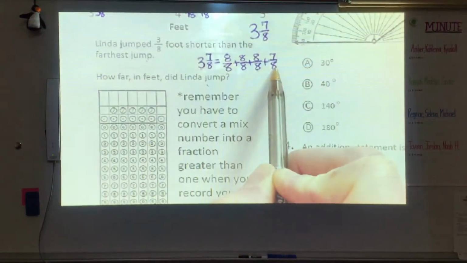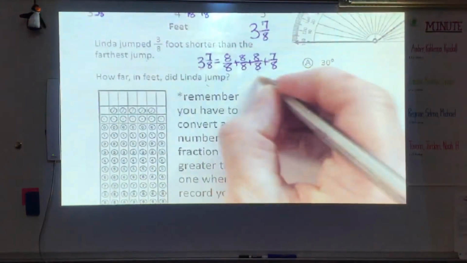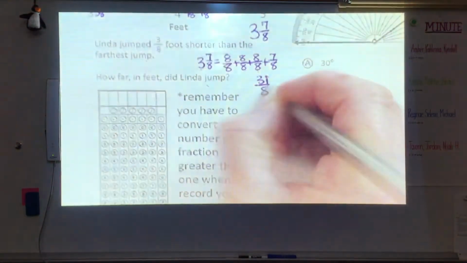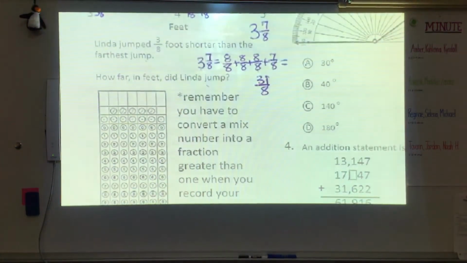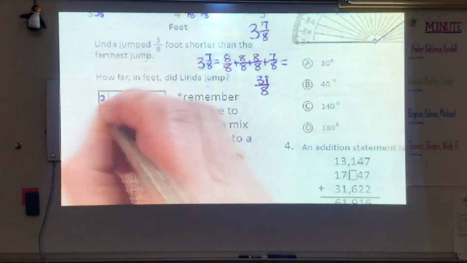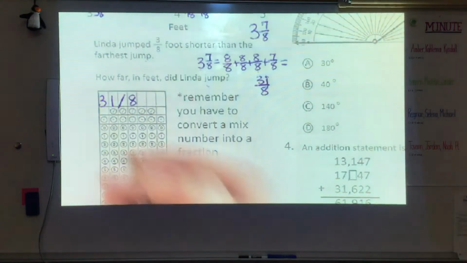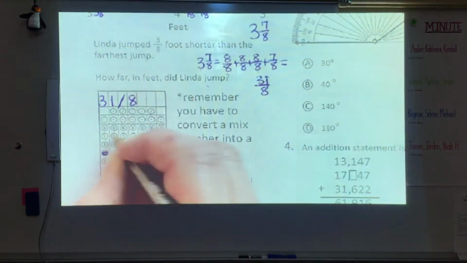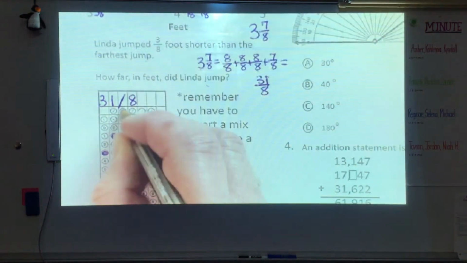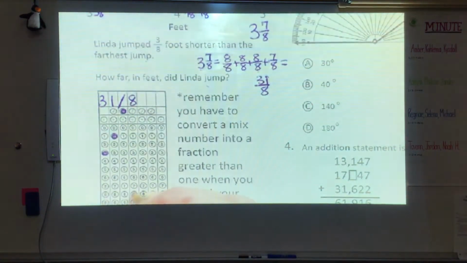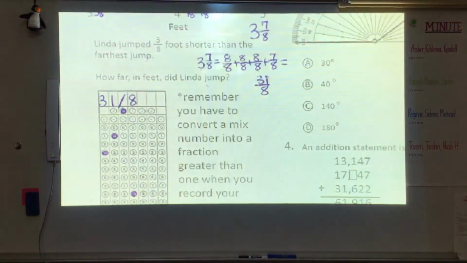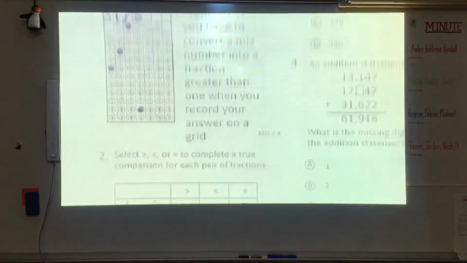So 24 plus 7 should get you 31/8. Now we can fill in our grid with 31/8. Just make sure you bubble in the correct bubbles underneath. And you're all set. That was fun.